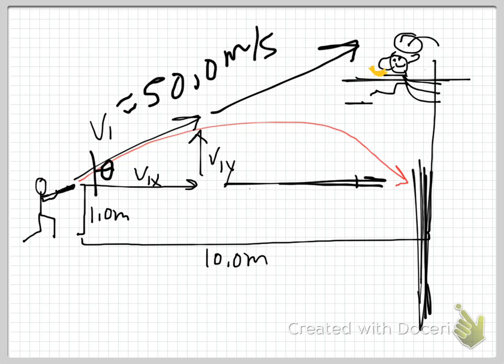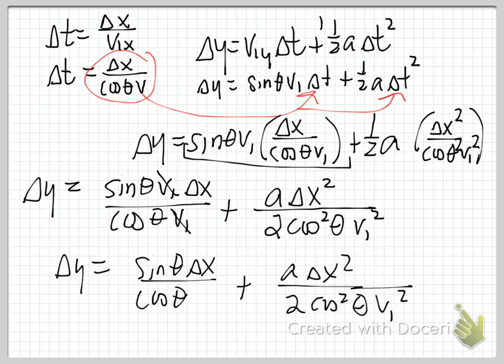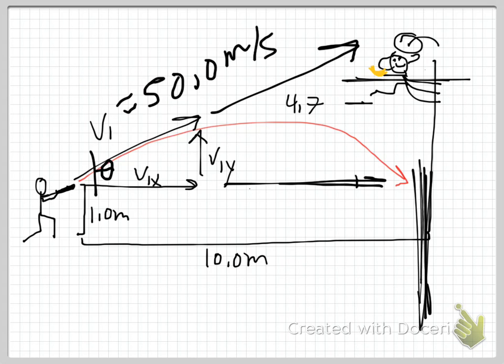Of course, we're treating the monkey as a point, which it's not. But the dart ends up 4.76. How many sig figs do we have? 3? Yeah, we have 3 sig figs. So the dart ends up at 4.76 meters above the ground.